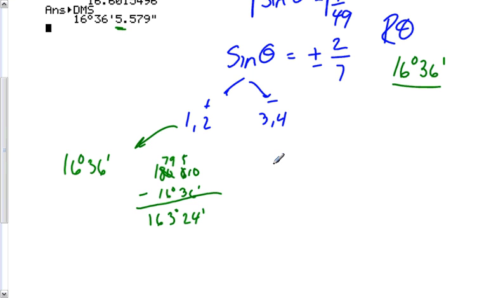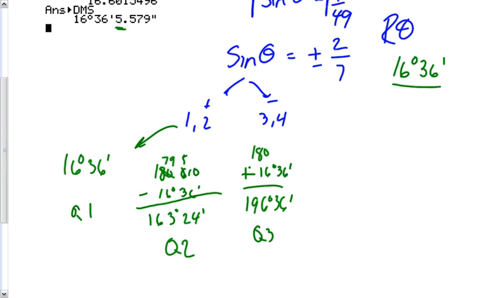Now, for the third quadrant, it's 180 plus 16 degrees, 36 minutes. We can use the same reference angle because of the plus and the minus here. Add them together, and you get 196 degrees and 36 minutes. So there's Q1, Q2, Q3, and of course now we got to do Q4, which is 360 minus our reference angle, minus 16 degrees and 36 minutes.